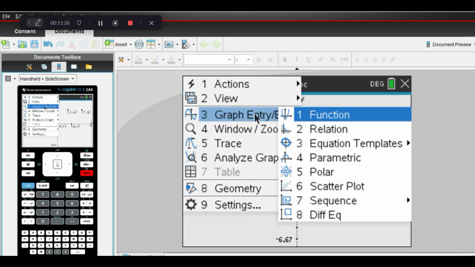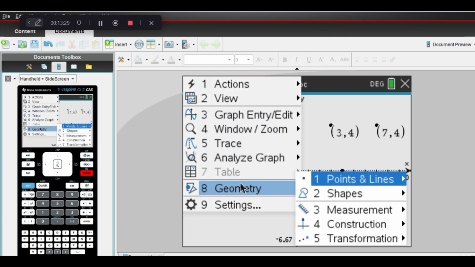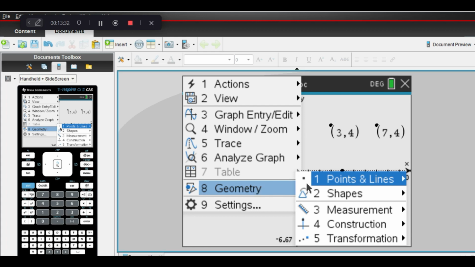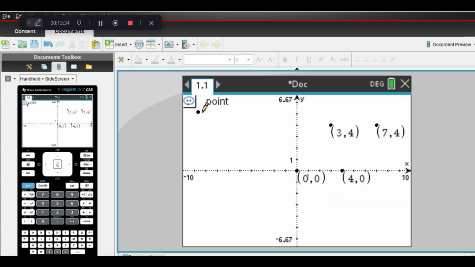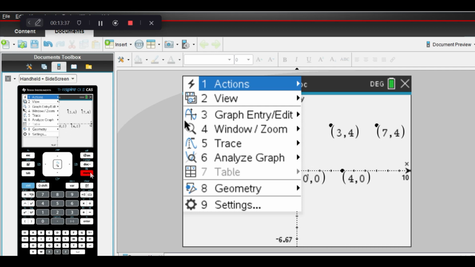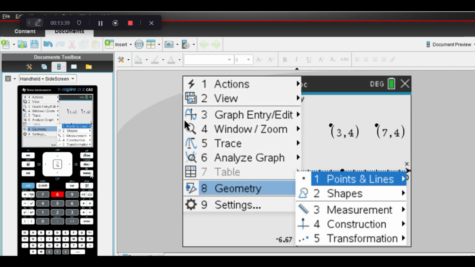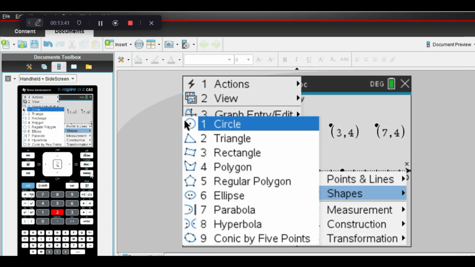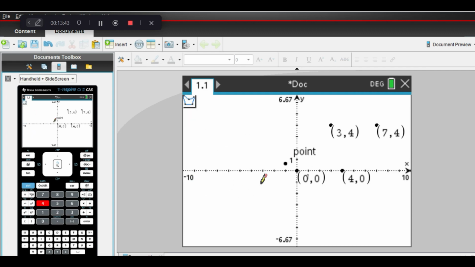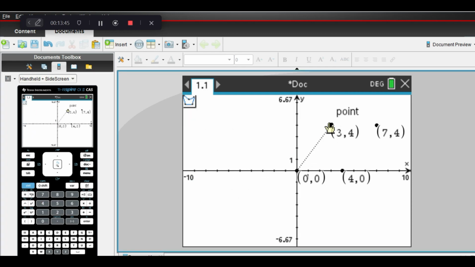I'm going to go ahead and turn that into a parallelogram. Let me try that again. Menu, geometry, shapes, a polygon number 4. I don't know if this is a parallelogram, and I'm going to turn it into a quadrilateral. It might be a parallelogram.